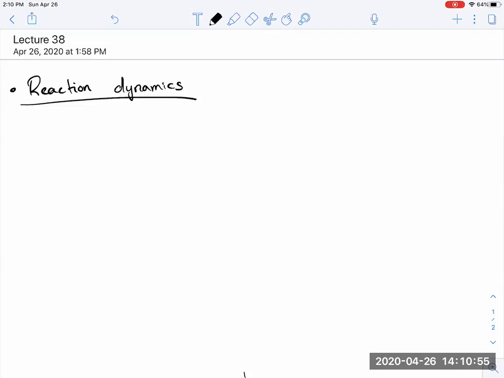So today we're going to continue our discussion about reaction dynamics, actually thinking through microscopically and with principles of statistical mechanics, how we can describe chemical reactions. And we ended up last week with a really exciting and really foundational result used throughout physical chemistry, used throughout chemistry in general.